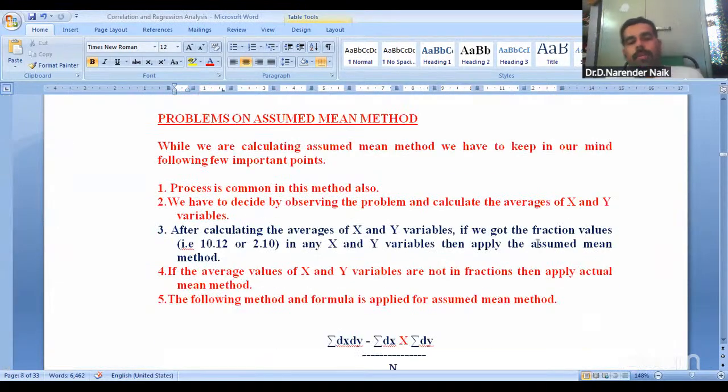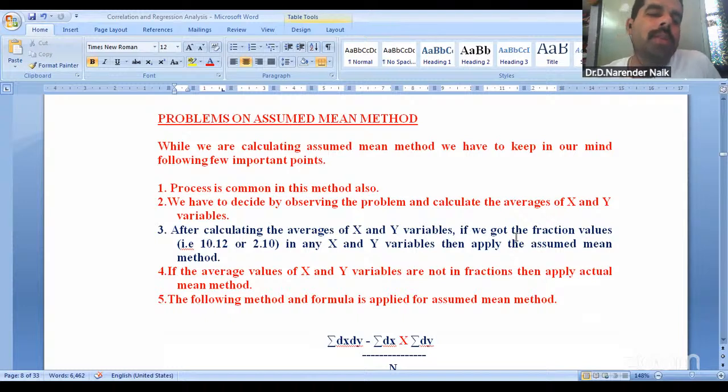Then go for the assumed mean problem, the next procedure. Problems on assumed mean method. So you see the problem, assumed mean. The process: while we are calculating by the assumed mean method, we have to keep in our mind the following few important points. Okay.